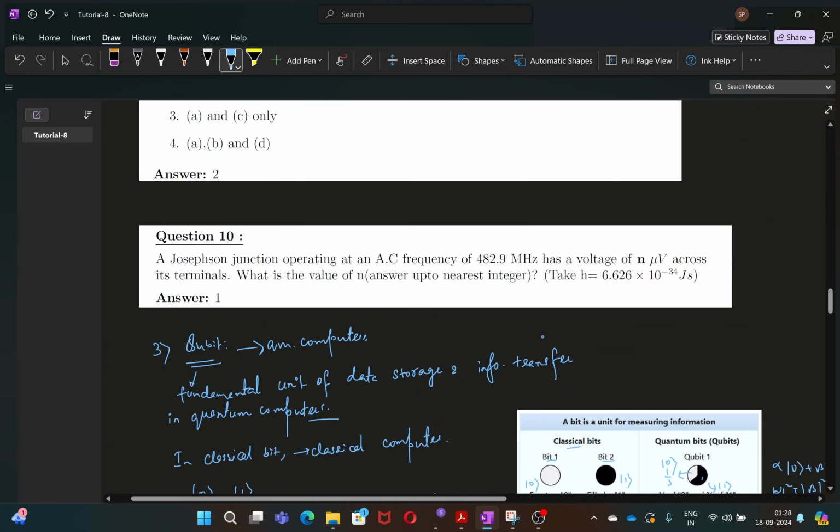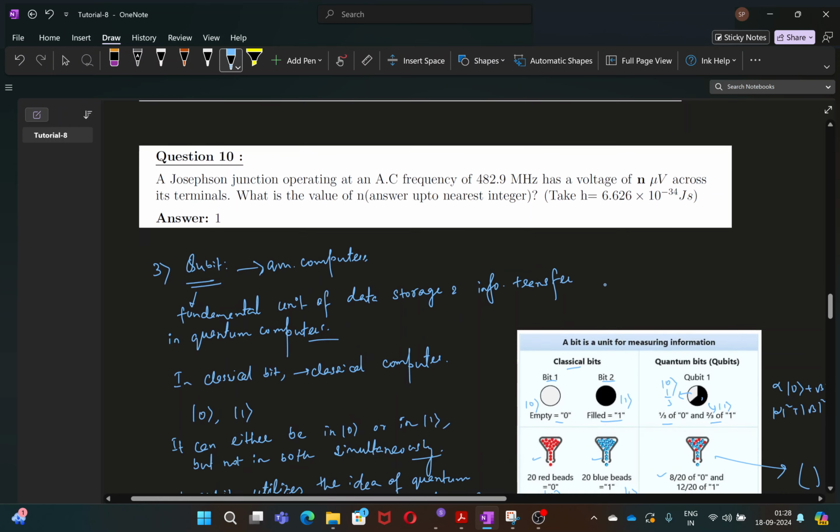The formula is correct. The frequency was 482.9 megahertz and h is taken to be 6.626 into 10 to the power of minus 34.